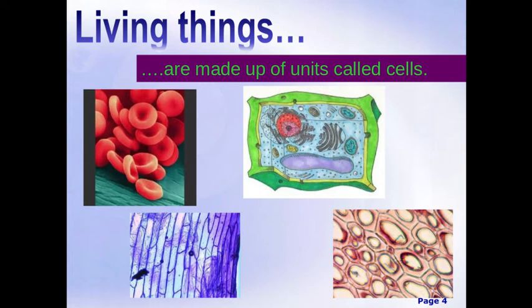Typically, animal cells tend to be more round in shape or have a more abnormal kind of shape, where a plant cell typically is more rectangular in shape. That being said, there are always exceptions, and it is not a safe rule to look at a picture and say, oh, it's rectangular, it must be a plant, or oh, it's round, it must be an animal.